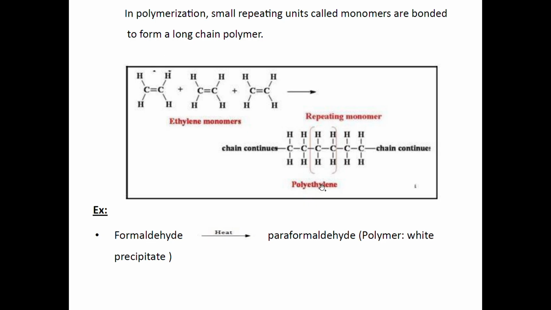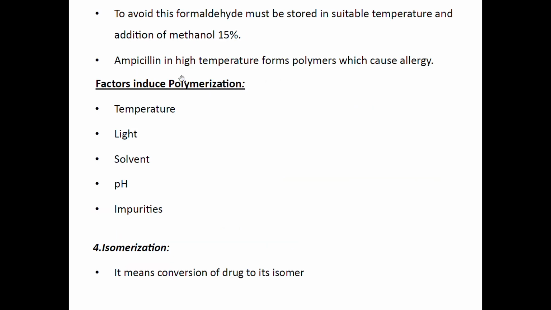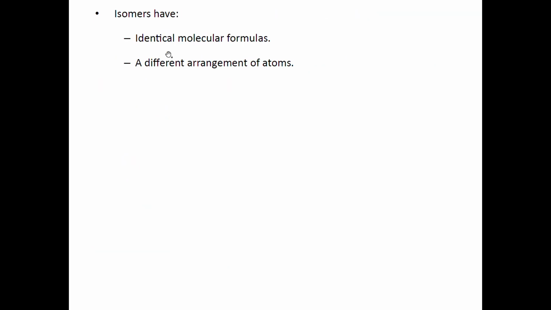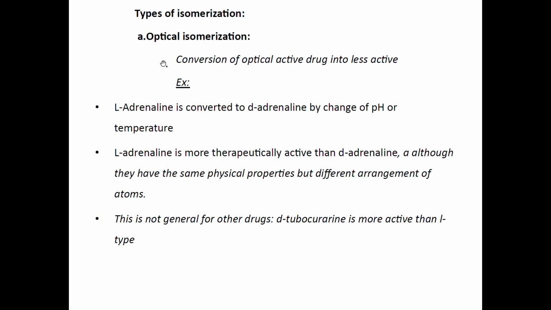Some monomers will ultimately form a polymer, like formaldehyde will form paraformaldehyde. There are some factors which may induce polymerization, like temperature, light, solvent, pH, impurities. Isomers have identical molecular formula and different arrangement of atoms. So there are a number of isomerizations, like optical isomerization.